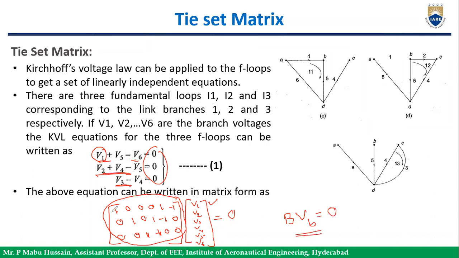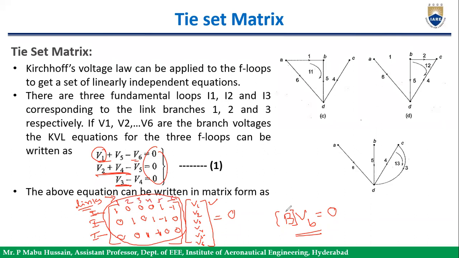Now if you see here, how many rows does this tie-set matrix have? 1, 2, 3. So these rows are the same as the links, or you can say link currents. And on this side the columns will be branches 1, 2, 3, 4, 5, 6.